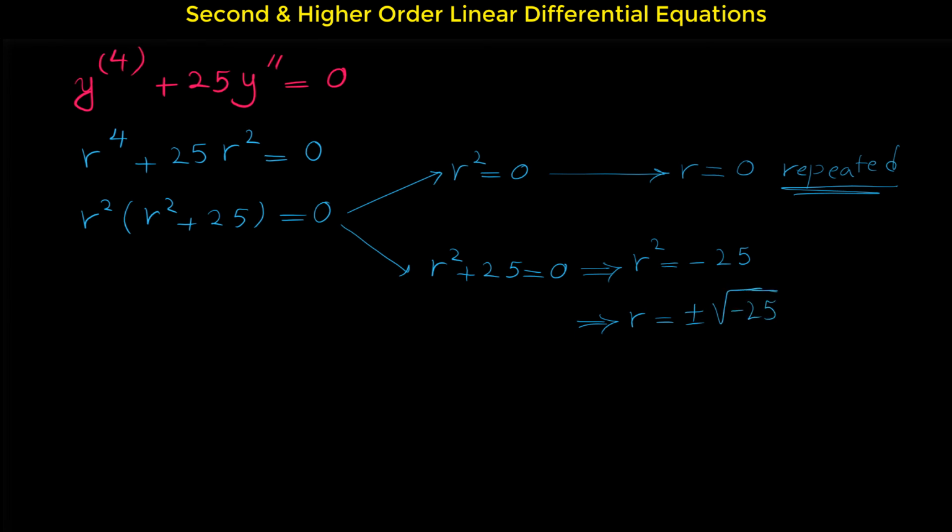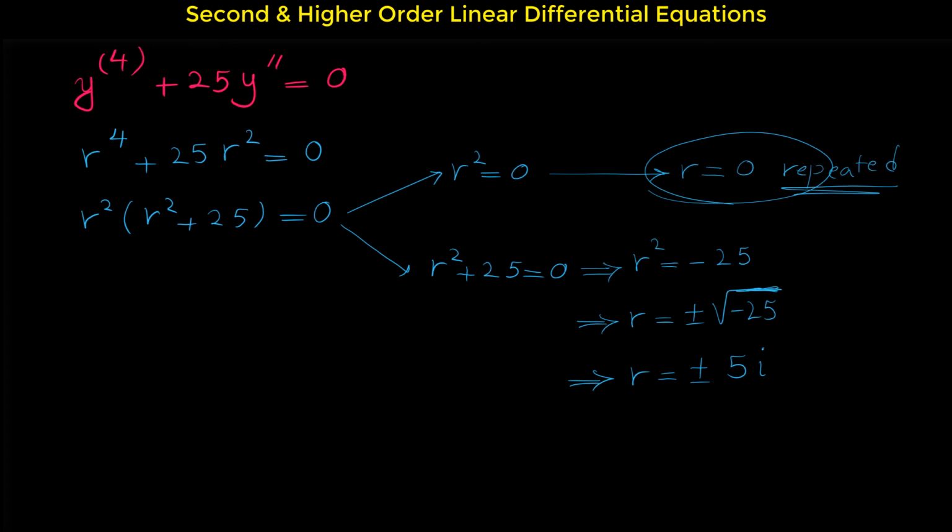The square root of negative 25 is 5i, because the square root of 25 itself is 5, but because of this negative we have i. So from this equation we get two conjugate complex roots. So we have a repeated root here and complex roots here. So this is an example where we have a combination of two cases, repeated roots and complex roots.